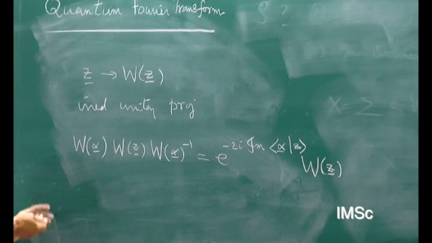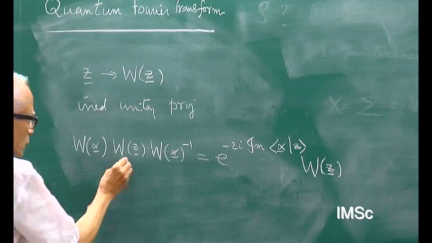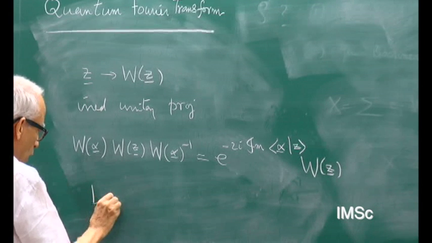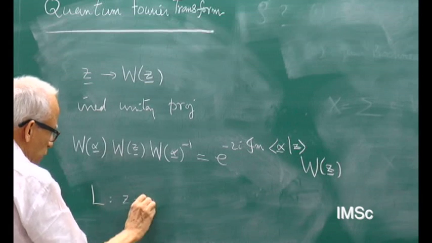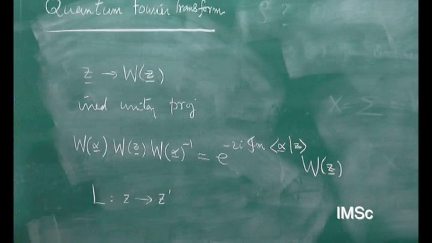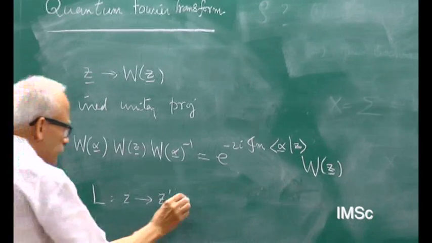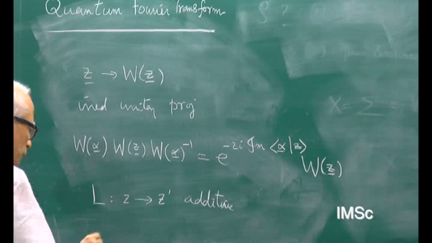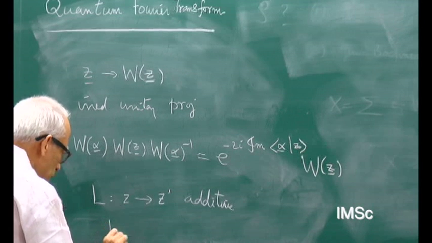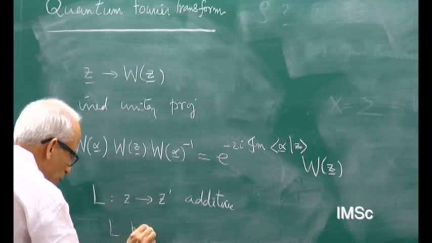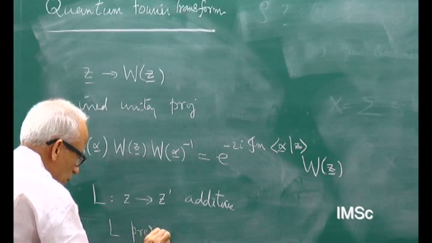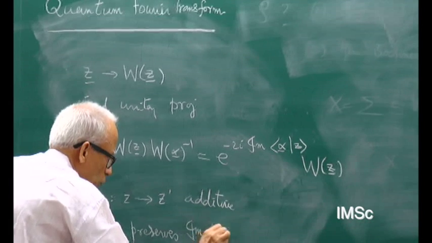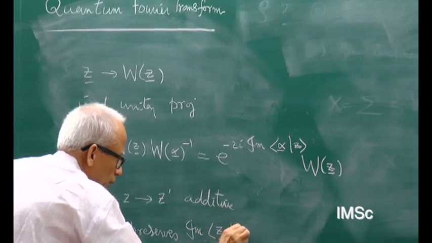Now, the Stone-von Neumann theorem yields something more. Namely, suppose I consider a transformation L of Z to Z prime, which is additive, and L preserves the imaginary part of Z1, Z2.